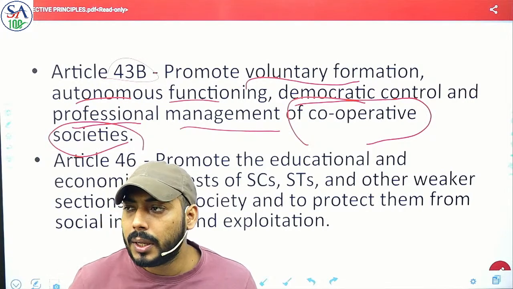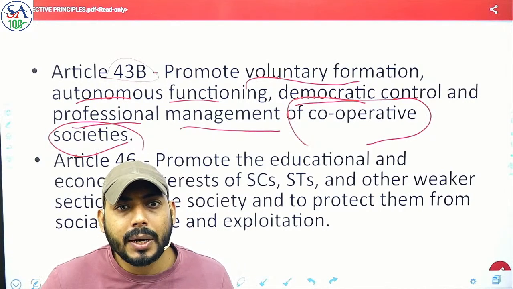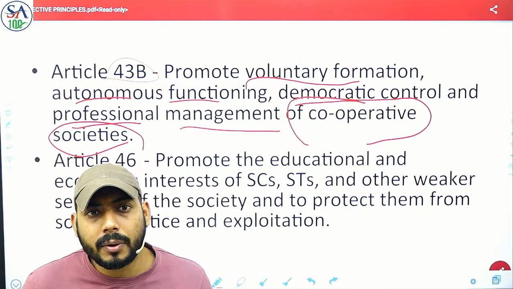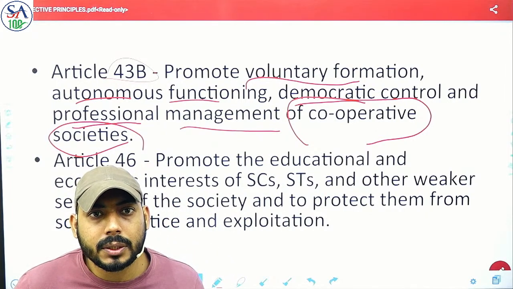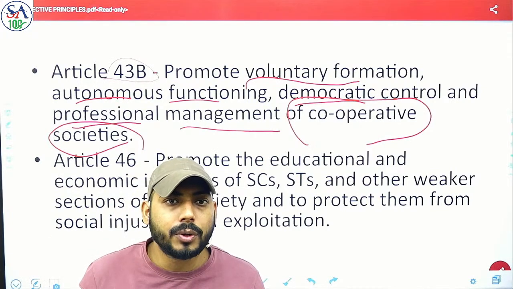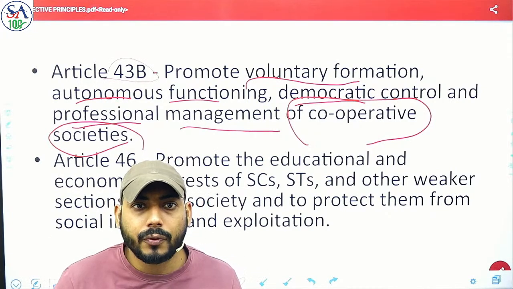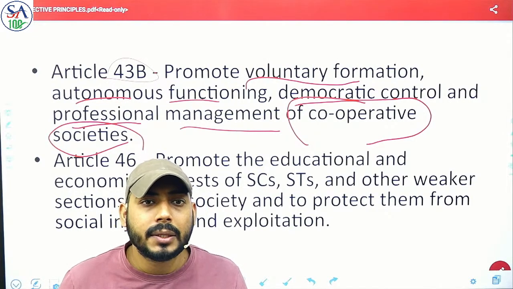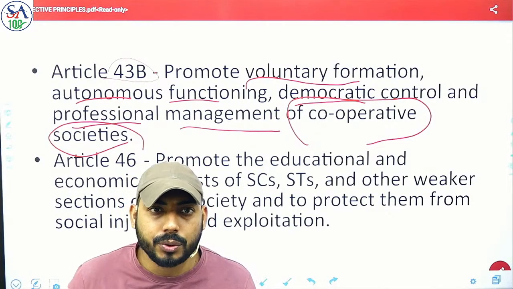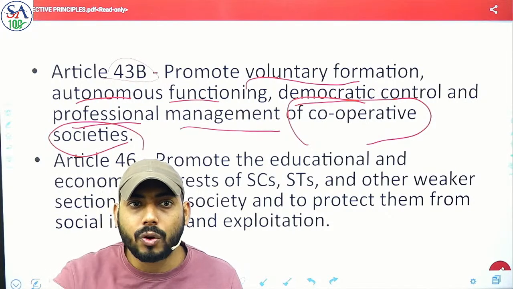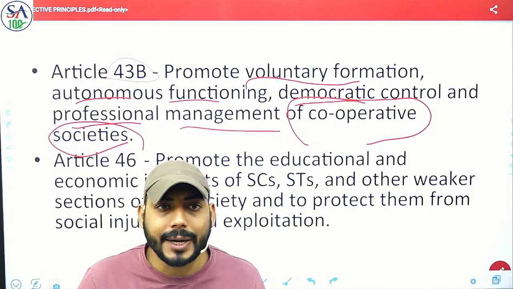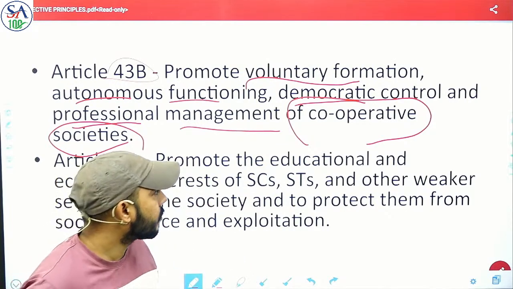For example, in any region, people are creating toys, or in the food processing industry, people in Arunachal Pradesh have a lot of oranges. So a group in the villages comes together and decides they will make orange juice and sell it under a common name. That will be known as a cooperative society.